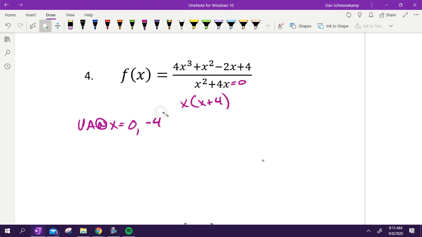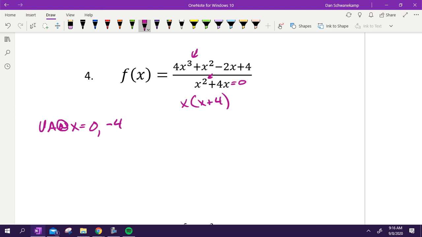Next thing we're doing is we're looking at degrees. Aaron H., what's the degree on top? 3. What's the degree on bottom? 2. So what kind of asymptote am I going to have here? I've got oblique here because the top is 3 and the bottom is 2. The top is greater by 1, so then I've got oblique.